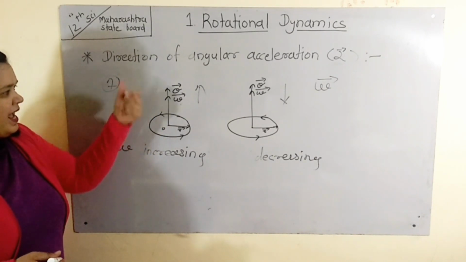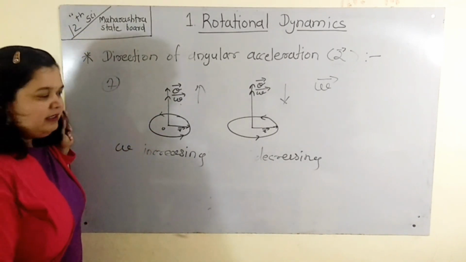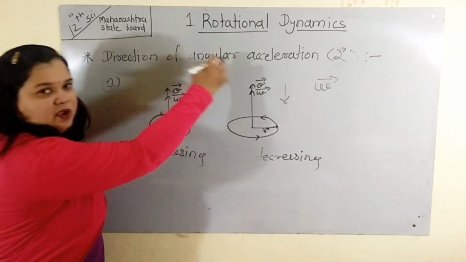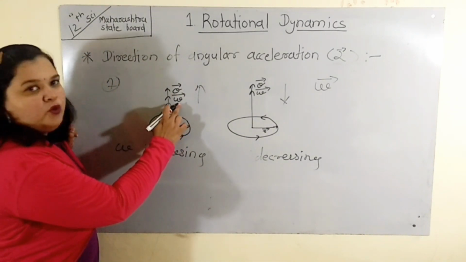Now if omega or angular velocity is increasing, at that time the direction of angular acceleration is the same as that of omega.